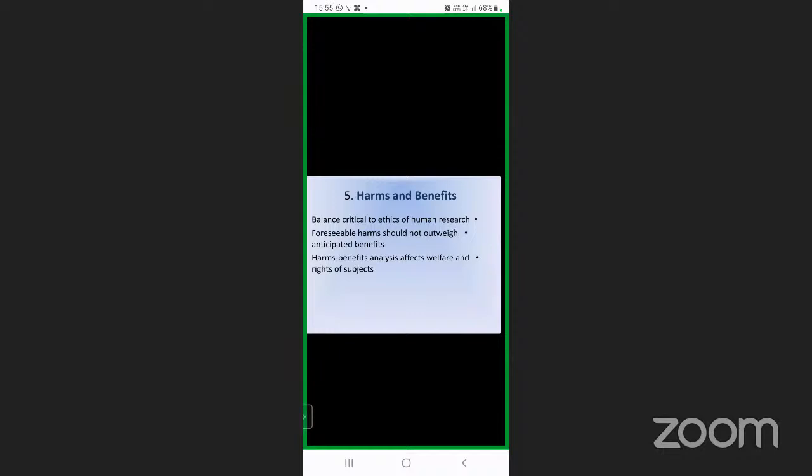Then harm should not outweigh the anticipated benefits, that must be known by him. Then harms, if he knows the benefit analysis, affect the welfare and rights of the subjects. Okay. Then justice and inclusiveness. Next, that is justice and inclusiveness.